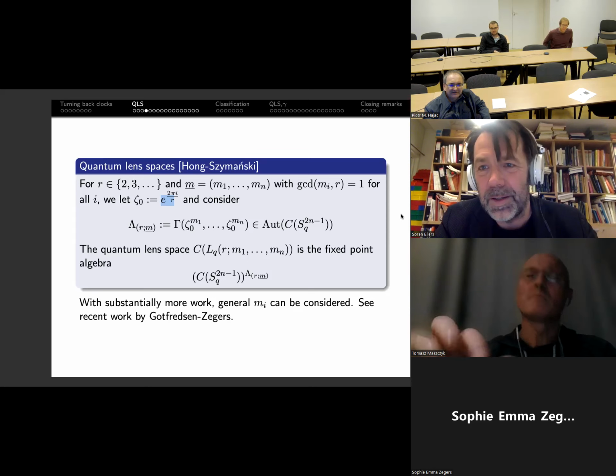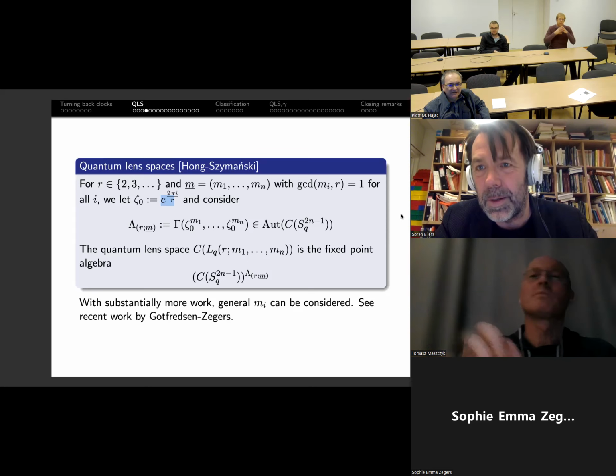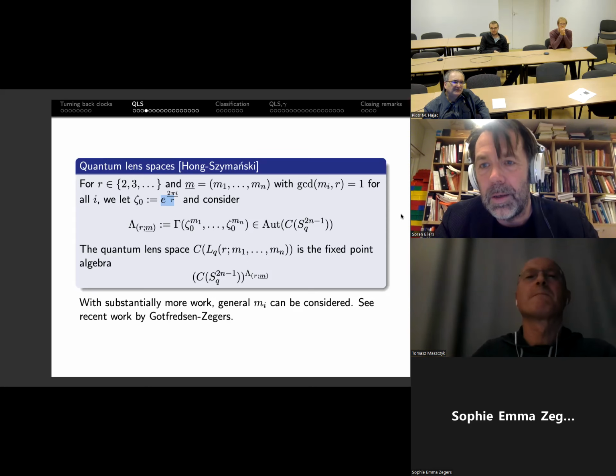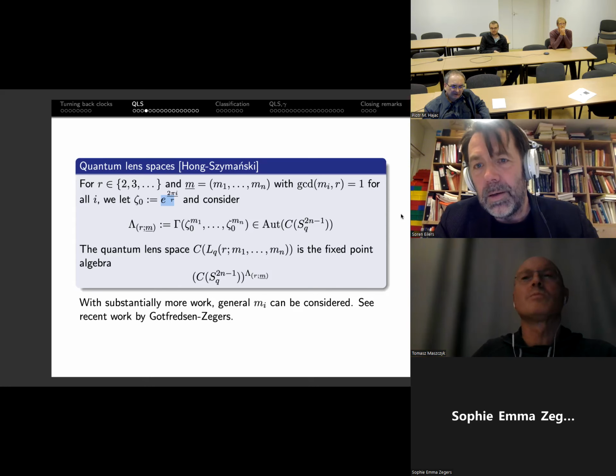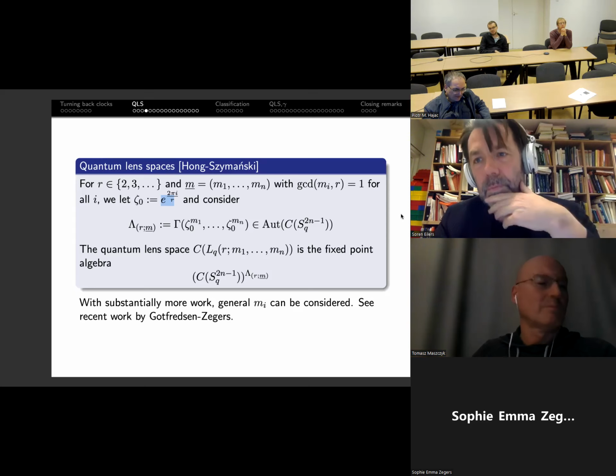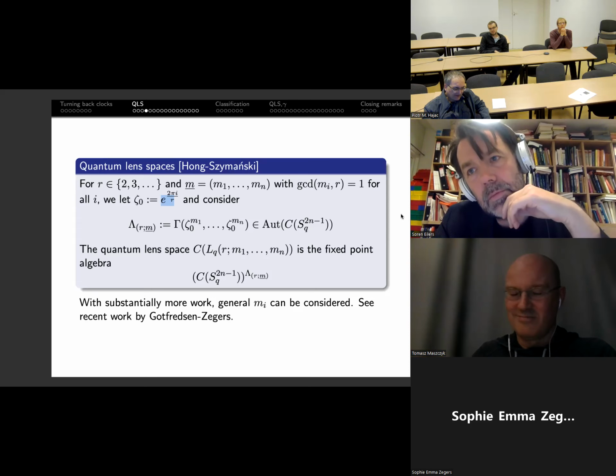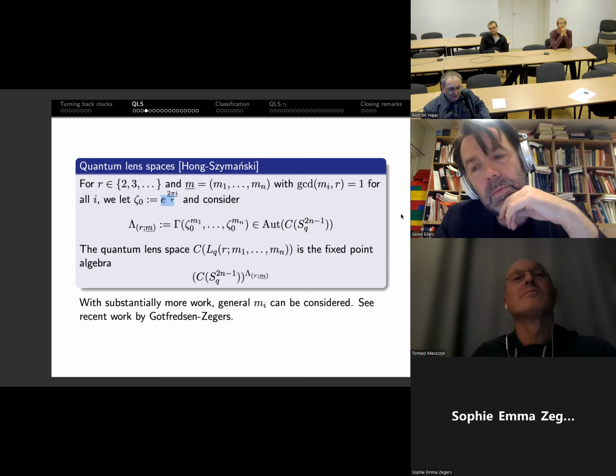Well, following Tomek's line of inquiry, let me ask the following naive question. If I remember correctly, correct me if I'm wrong, three-dimensional lens spaces are used to show a difference between things that are not homeomorphic but are homotopic, right?